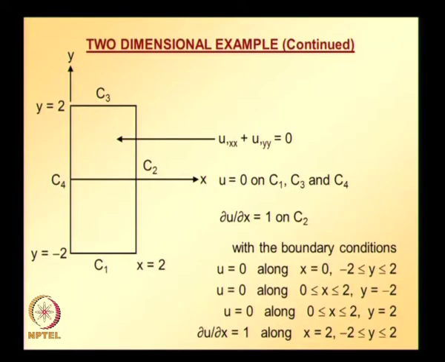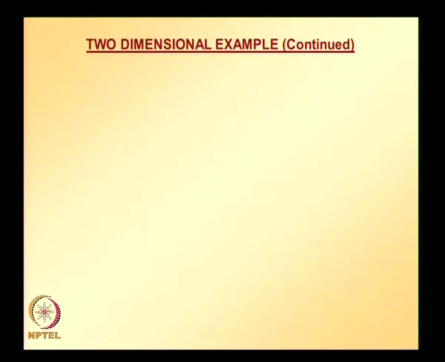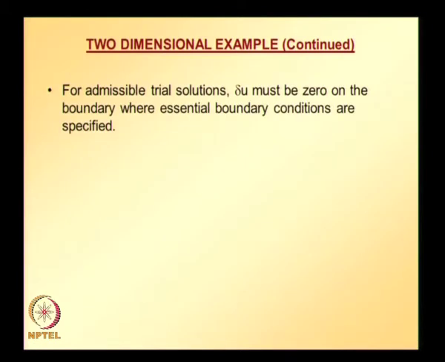So, this is the given boundary value problem and these are the boundary conditions we already noted. For admissible trial solutions, variation of u must be 0 on the boundary where essential boundary conditions are specified.